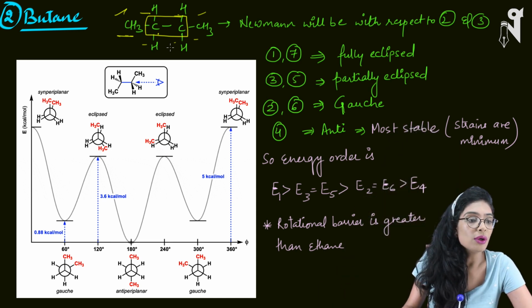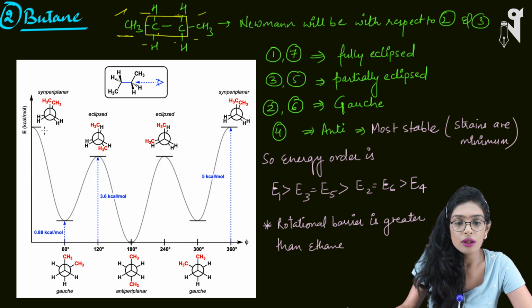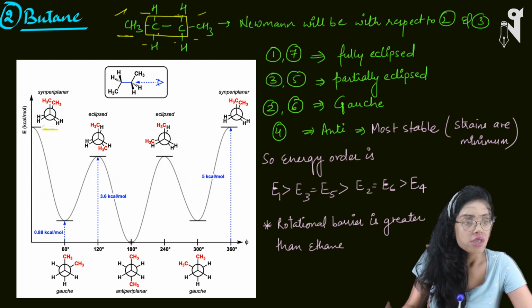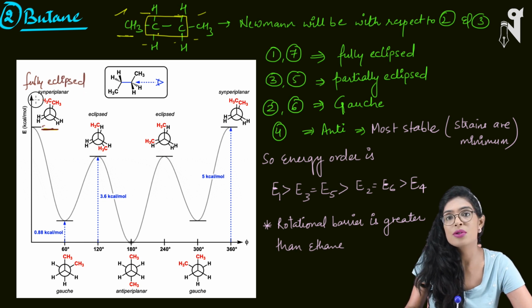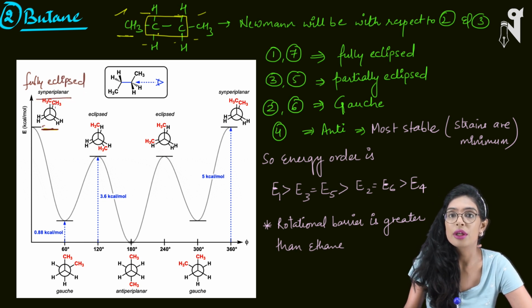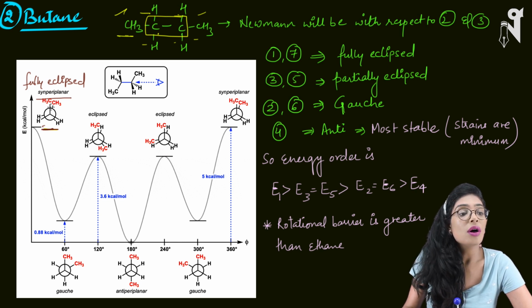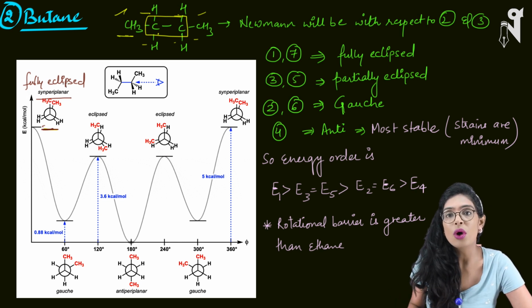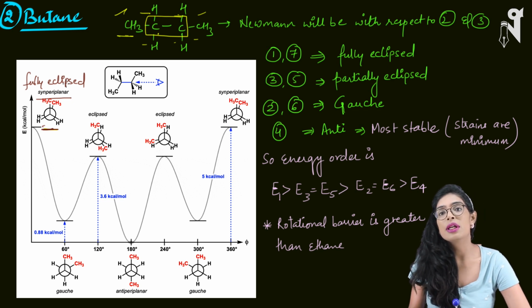Let me change the color. This is my first structure, and it is called fully eclipsed, or you can also call it syn periplanar. Both are right names for this molecule. Fully eclipsed is the most commonly used name.